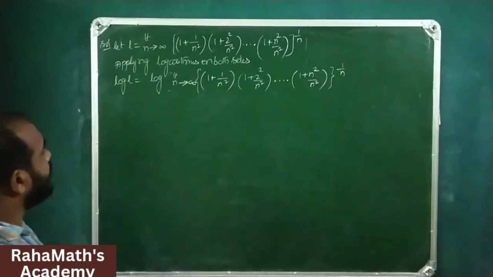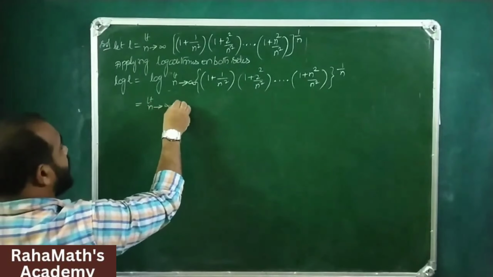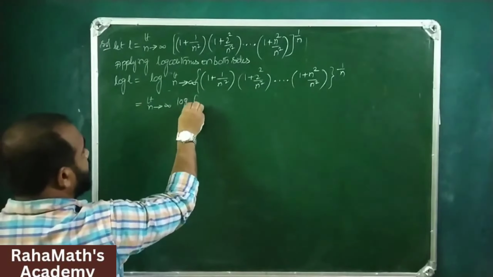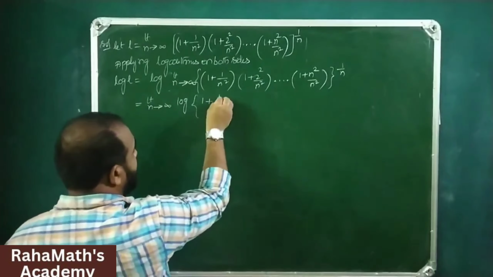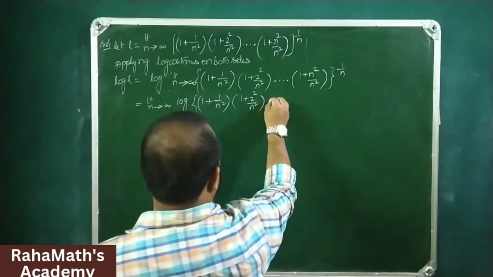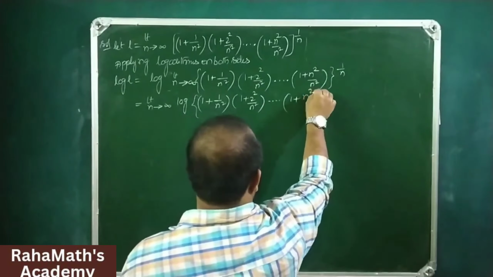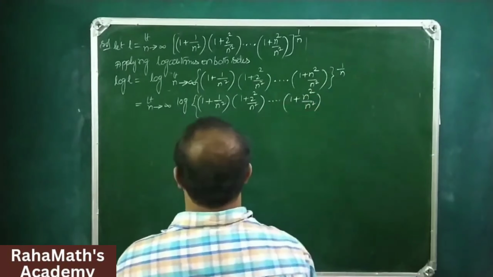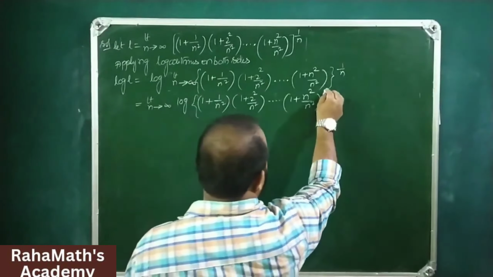So this can be written as limit n tends to infinity log of (1 + 1/n²)(1 + 2²/n²) ... (1 + n²/n²) whole power 1/n.